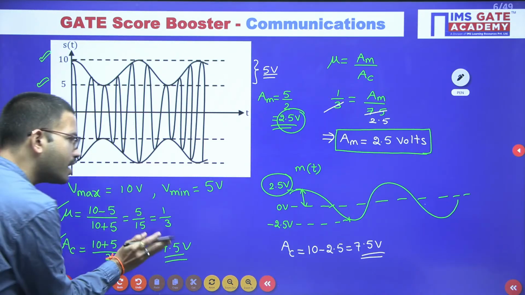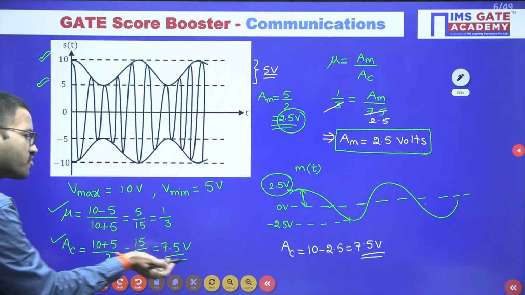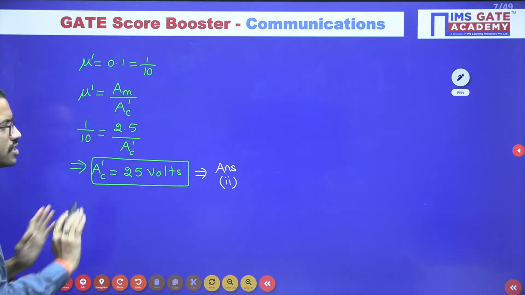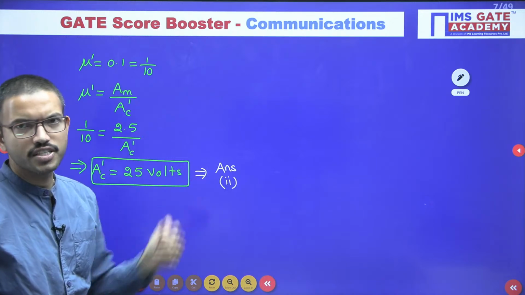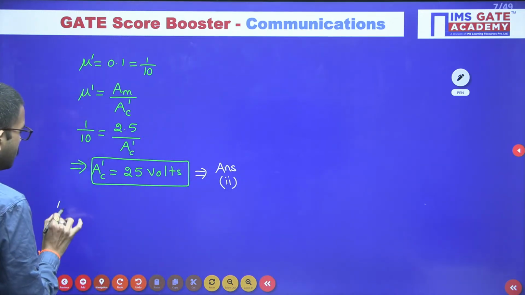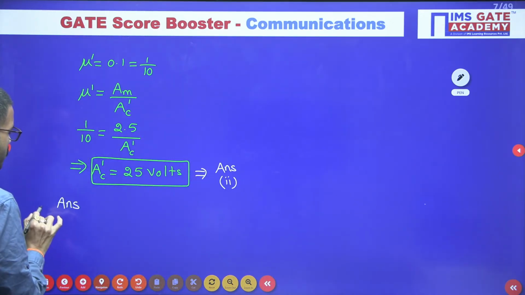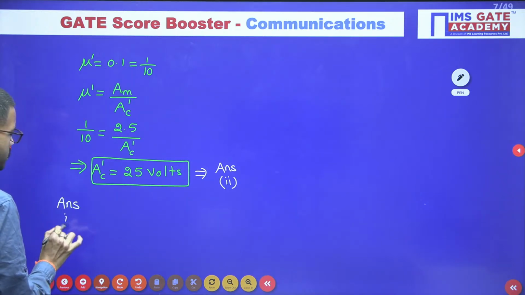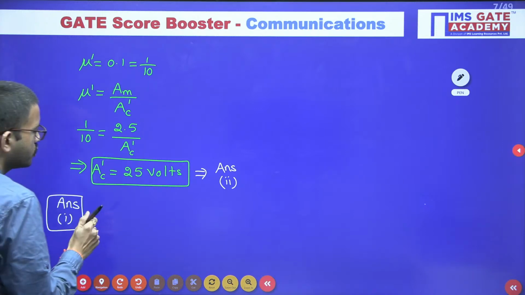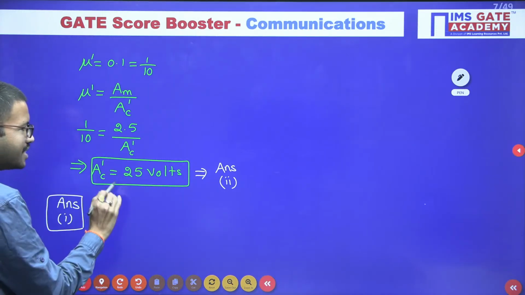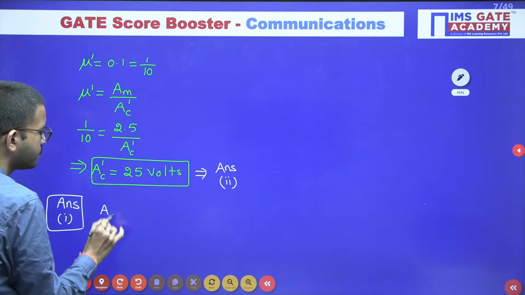Now, you're already having Ac value 7.5. For this value, how much should you add so that you are going to get 25? So that will be the answer for case 1. So here if you observe, Ac dash is 25 volts.